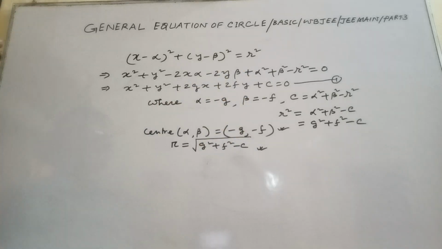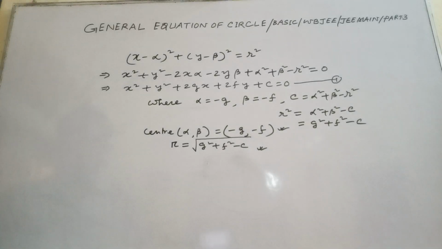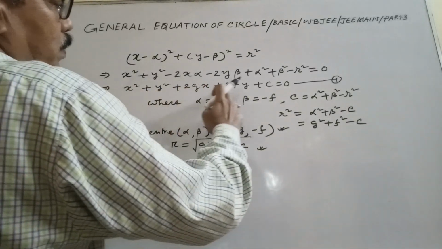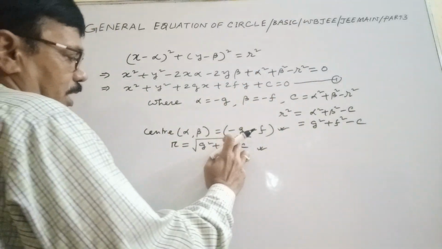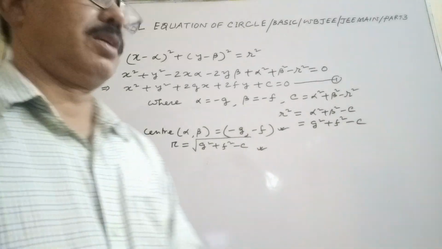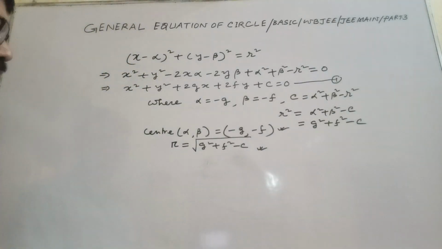Then change the sign. We get the center. For x square plus y square plus 2gx plus 2fy plus c equals 0, the center is (minus g, minus f) and the radius r equals the square root of g square plus f square minus c. So this is our working tool.